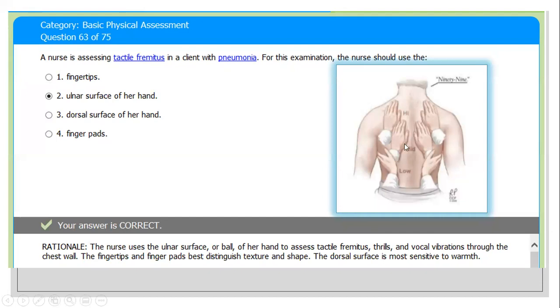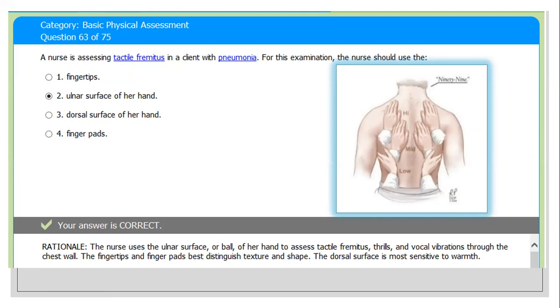So in this picture, you see this one, we use the ulnar surface of the hand. So rationale, the nurse uses the ulnar surface or base of her hand to assess the tactile fremitus.